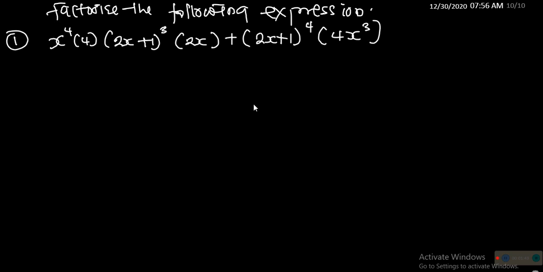Okay, so you can see in this expression that in the first term we have a 4 bracket, and in the second term we have 2. So the first step you should take when factoring this kind of expression is to factor out the common factor. You can see that 2x plus 1 is in the first term, and 2x plus 1 is also in the second term.